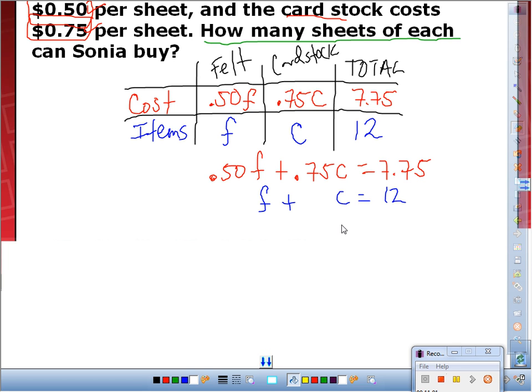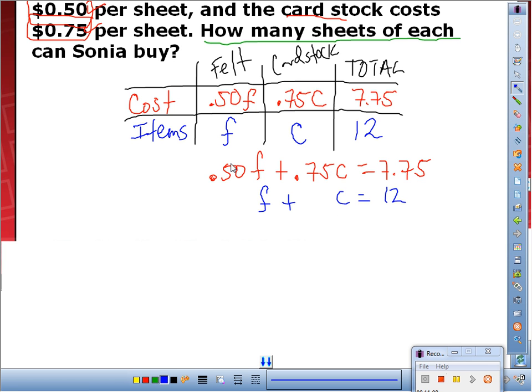By looking at it, I would say I have both variables on the same side. They're already in standard form, so I can solve by elimination. Therefore, check this out. I need to multiply one of the two equations times a number to cancel one of the variables. In this case, I'm going to cancel F. To cancel F, everybody look up, please.